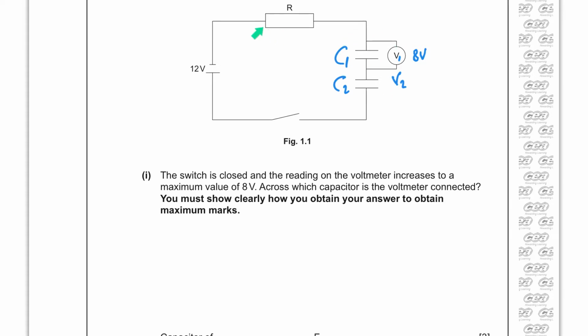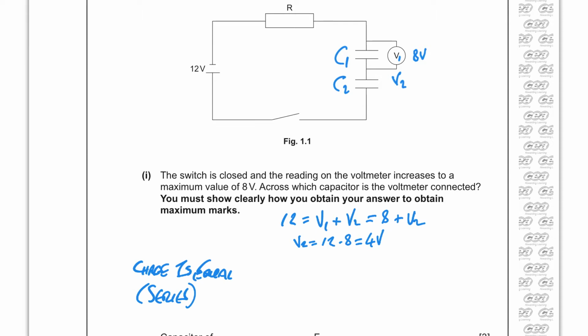When the current stops, there'll be no PD across the resistor, because V across it would equal IR, but I equals 0 at the end, so it doesn't need to be counted. So the sum of these two voltages has to equal 12 when the current stops. So 12 volts equals V1 plus V2, which equals 8 plus V2, which means V2 is 12 minus 8, which is 4 volts.